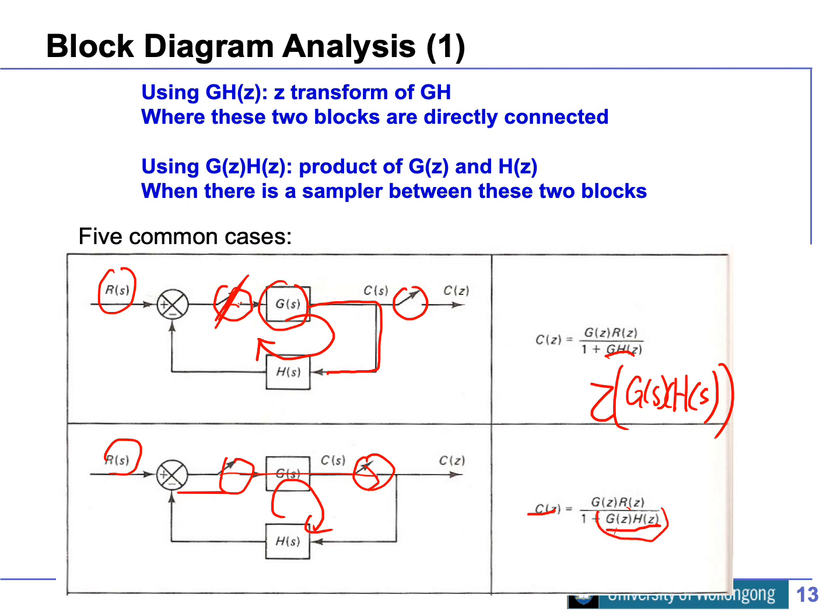So just be careful with this difference. One is you multiply the S together, then you do the Z transform. The other one is for each individual G(s) or H(s), you do the Z transform, then you multiply together. Actually, these two give you very different answers.